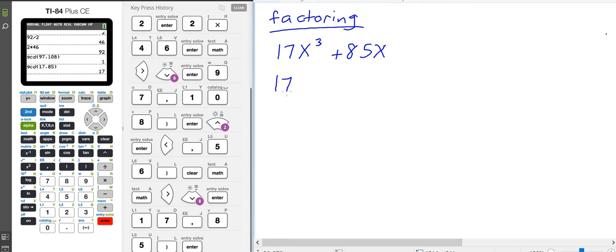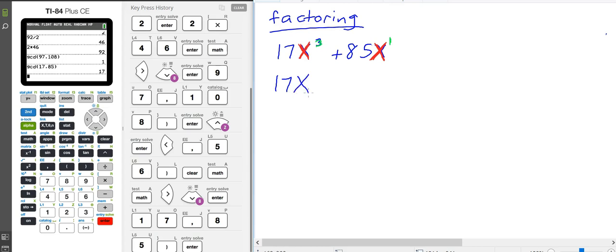But in this question, both monomials, 17x cubed and the second one, 85x, they both have x's. The first one has x to the third. The second one has x to the 1. So we can pull out an x also.